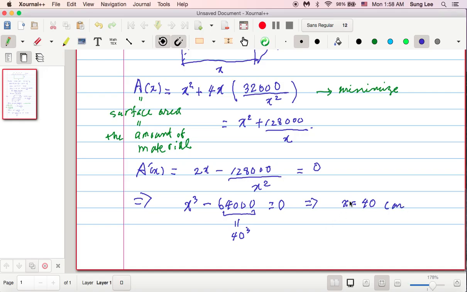All right. Now we have to determine that this x equals 40 actually minimizes a of x. In other words, a of 40 is going to be the absolute minimum. For that, we are going to use the second derivative test.